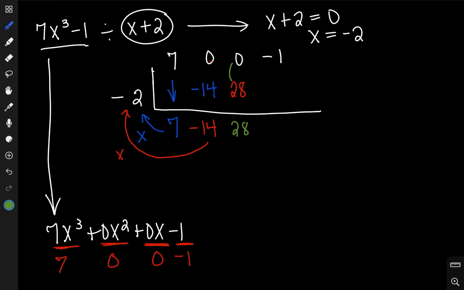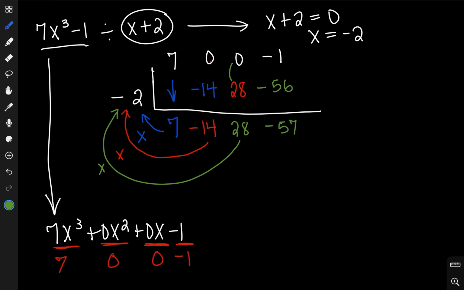Okay, and now we're going to do it again. What we're going to do is 28 times negative 2, and we get negative 56. And once you do that out, you have negative 1 minus 56, I mean, negative 57.